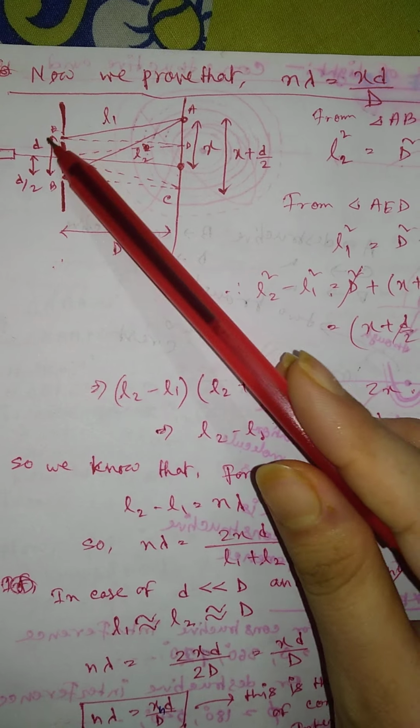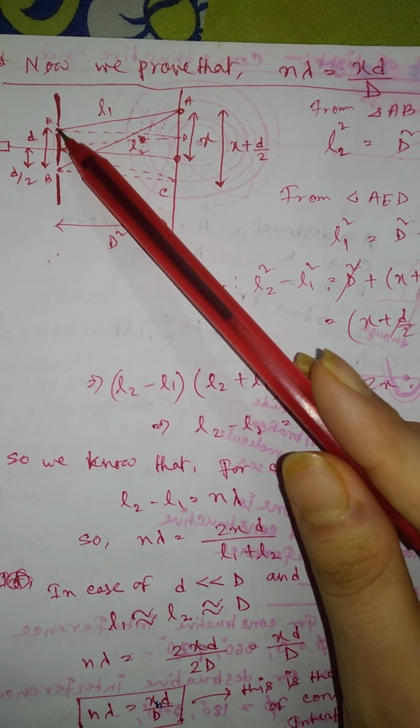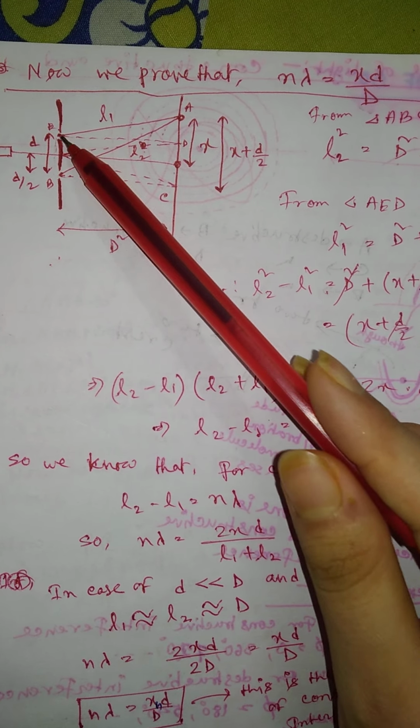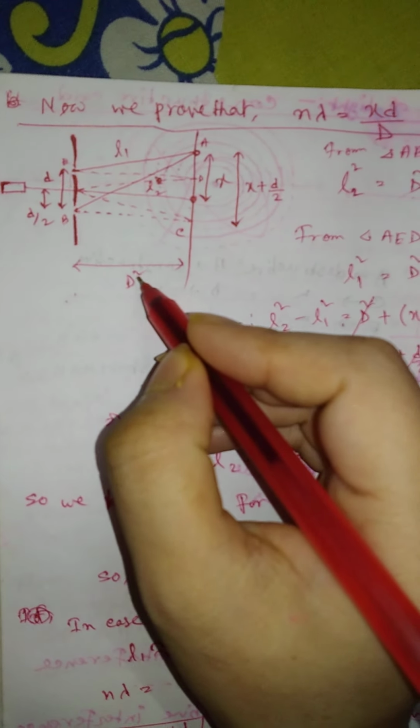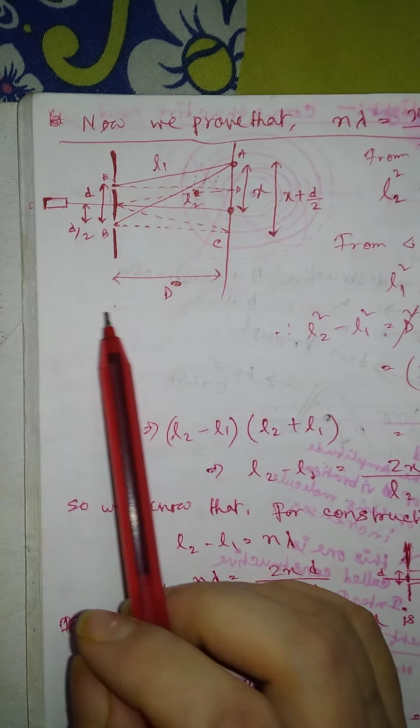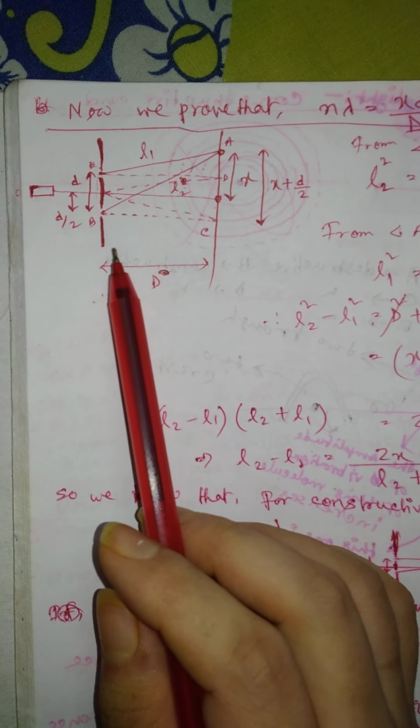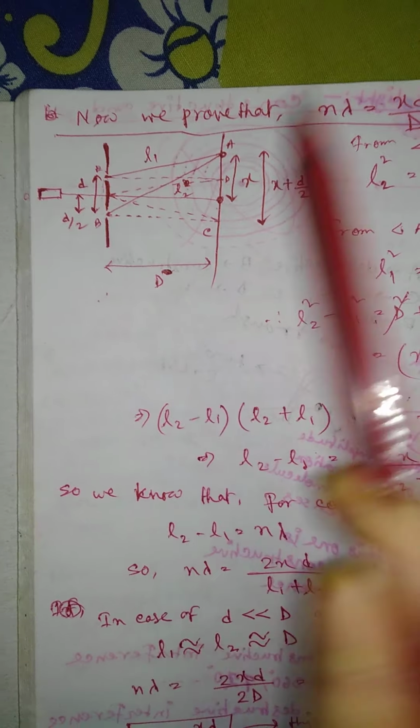So this is d. d is the distance between these two slits, and capital D is the distance between slit and screen. This is the screen.